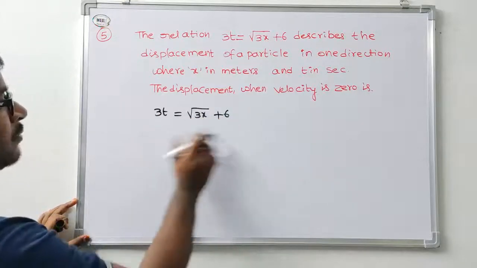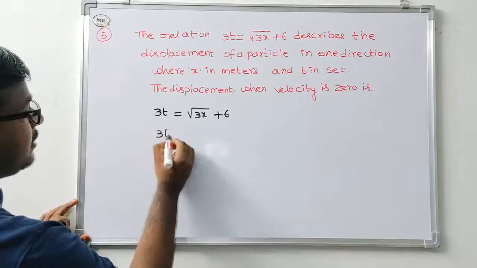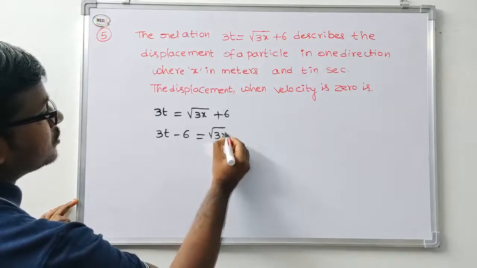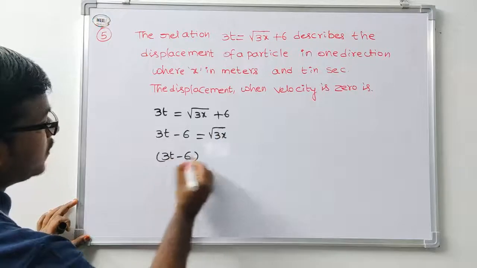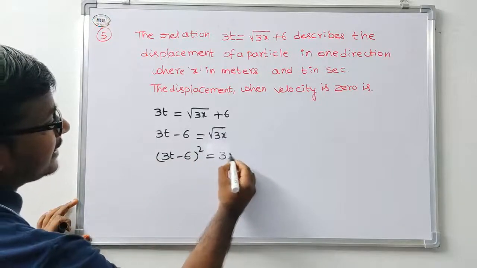Okay, 3t minus 6 is equal to root over 3x. Squaring on both sides, 3t minus 6 whole square is equal to 3x, as the square and root cancel.